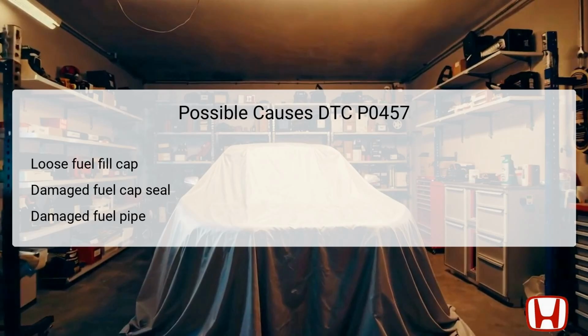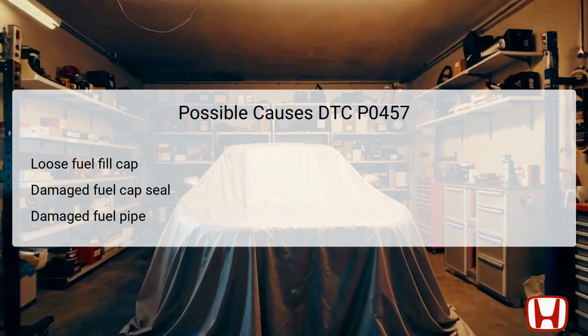Secondly, the fuel cap seal can become damaged or degraded over time, preventing a proper seal and similarly allowing vapors to escape. Lastly, the fuel fill pipe itself may also sustain damage, creating additional points of vulnerability for vapor emissions. Each of these situations impacts the overall functioning of the EVAP system and needs to be thoroughly investigated.